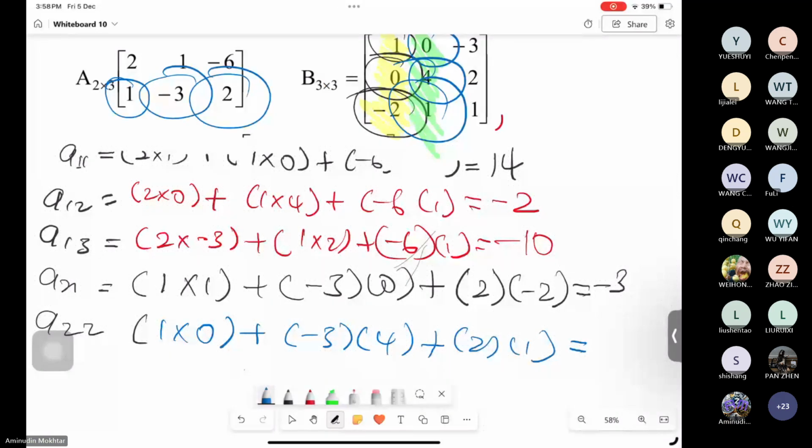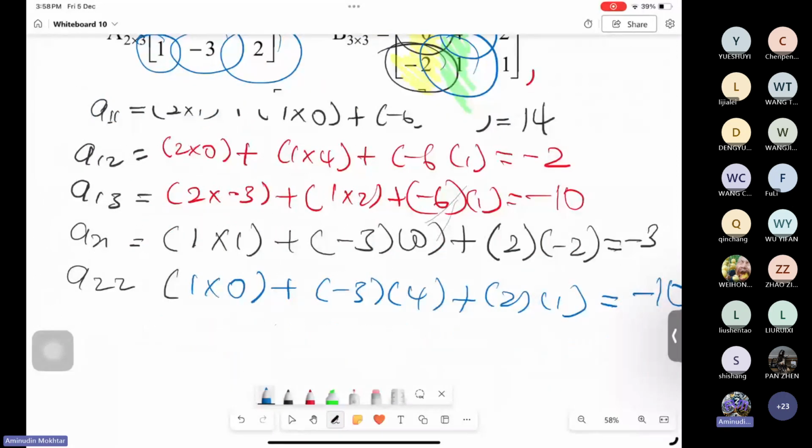That is 0 minus 12 plus 2, which is negative 10. I think the answer is negative 10. Please refer to page 8 in my matrix algebra notes.